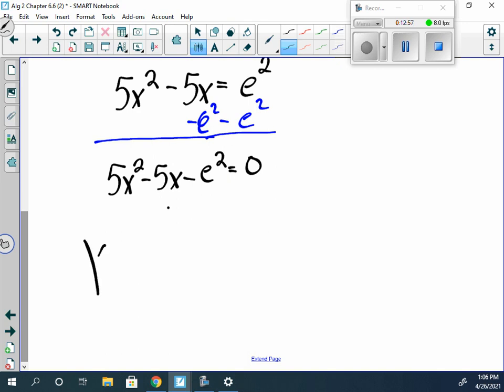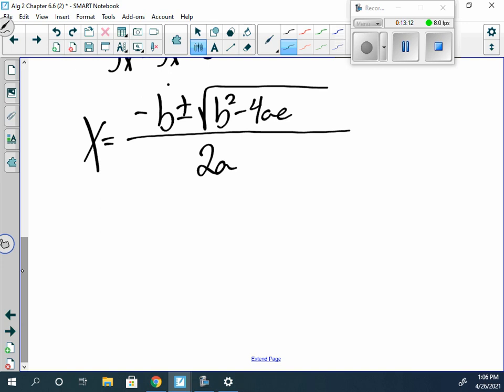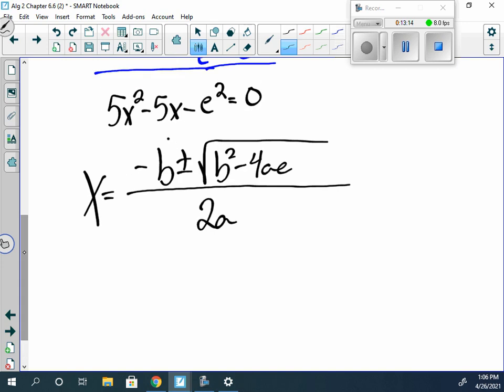But we can still find the values of x. Because we can still use the quadratic formula. E squared, as we already saw, is a number. It does have a value.